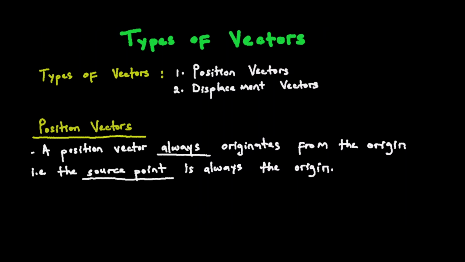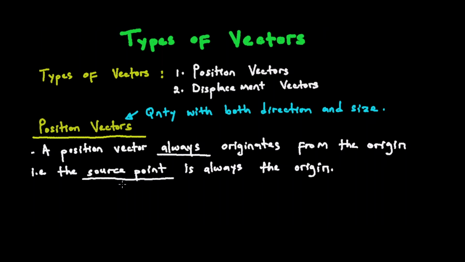Maybe let us preempt a little before we double down on this definition. We defined a vector as a quantity with what and what? With both direction and size, or magnitude. This is what a vector is: a quantity with both direction and size. So here, a position vector always originates from the origin.